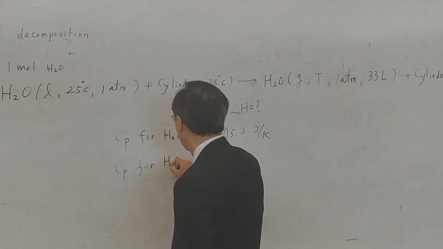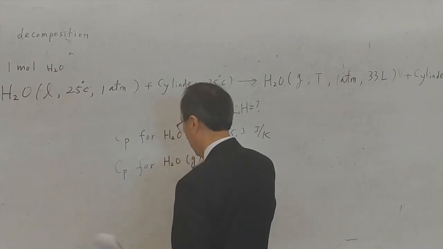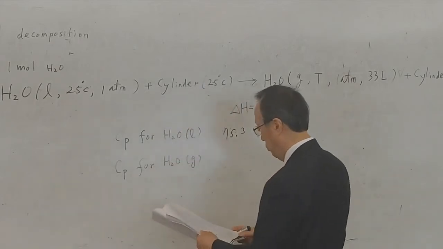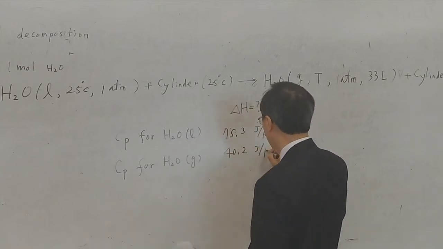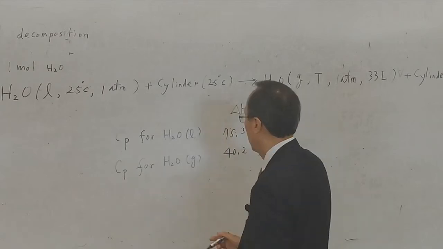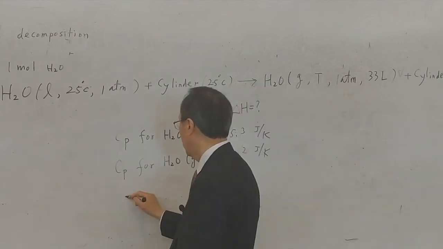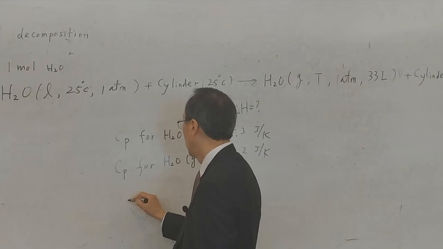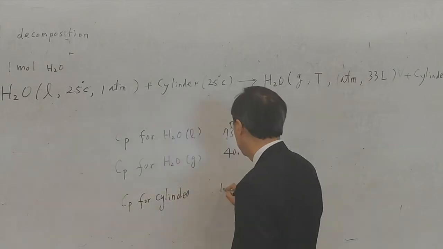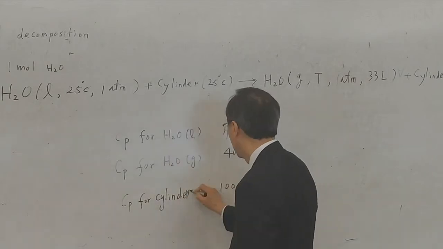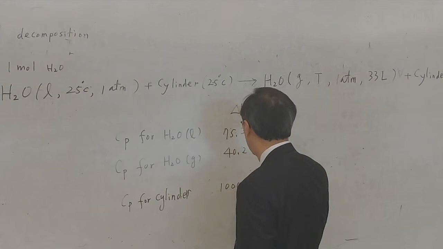For H2O gas state, it is 40.2 joule per K. And heat capacity Cp for the cylinder is 1000 joule per K.